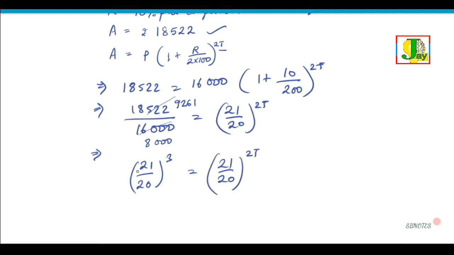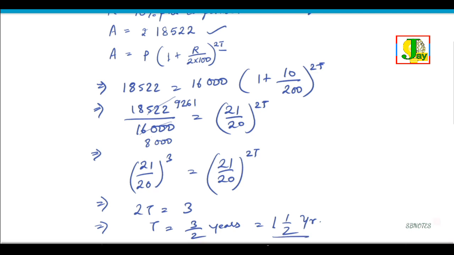So we have got the power of 21 by 20, that means 2t equals 3. So t equals 3 by 2 years, that is 1.5 years. So that's how we find it.